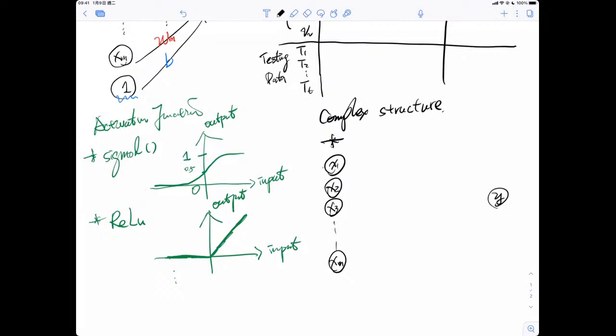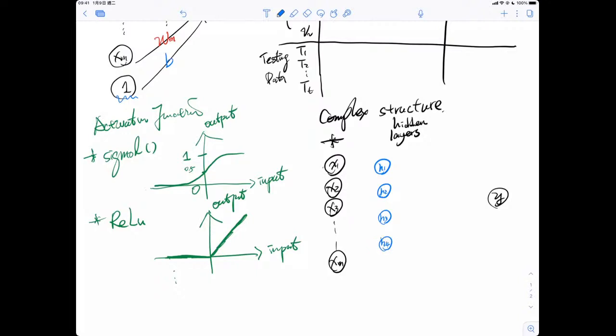We can have a lot of different layers, and the name is hidden layers. For example, I can have another hidden layer right here, H1, H2, H3, H4.